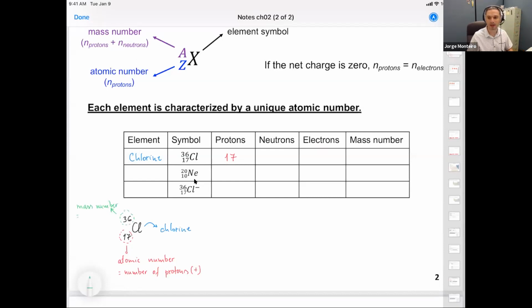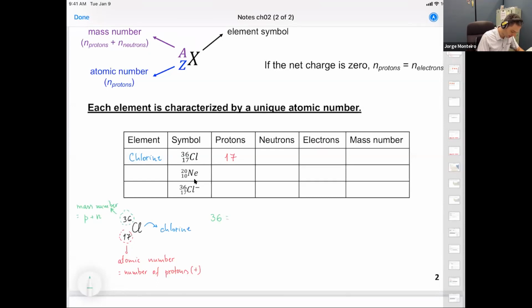By definition, mass number is the number of protons plus the number of neutrons. Let's do a quick math here. We know that the mass number is 36.